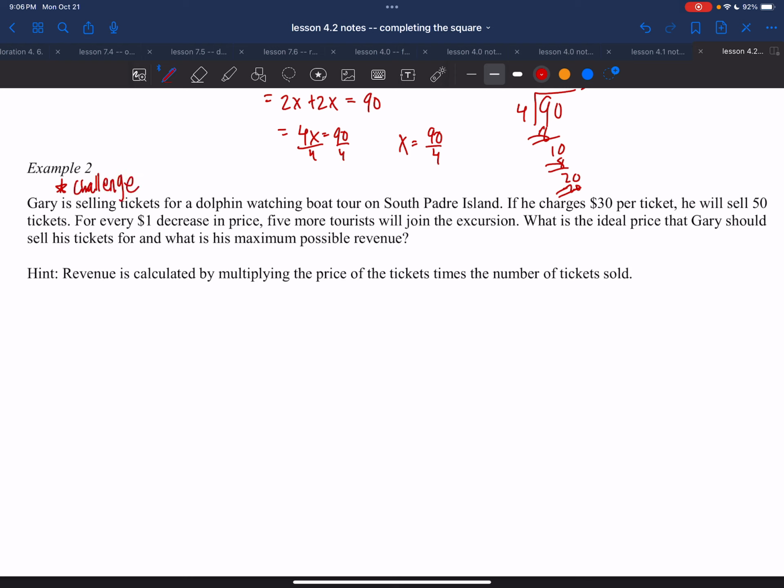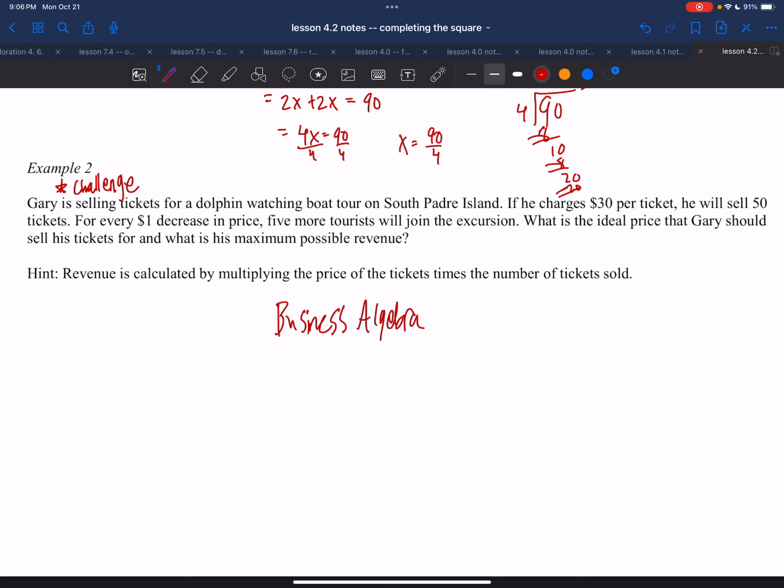This type of question is really common in what I believe they call business algebra. There's college algebra, but then there's financial algebra.